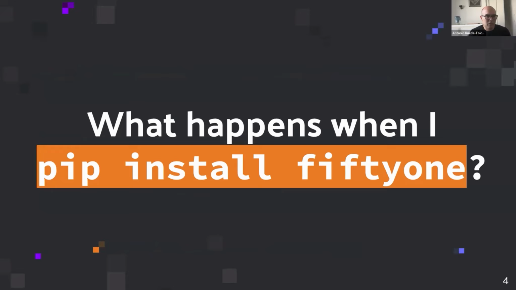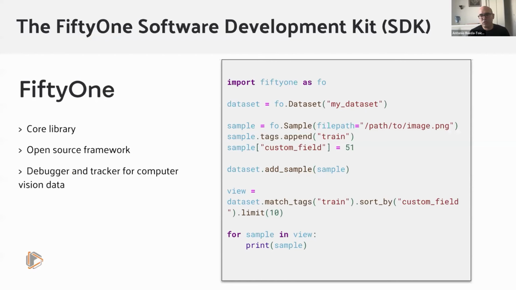So first thing that I need to explain, what happens when you do pip install fiftyone. FiftyOne is a Python package, so it has several things together. It has an SDK that we use to curate datasets.